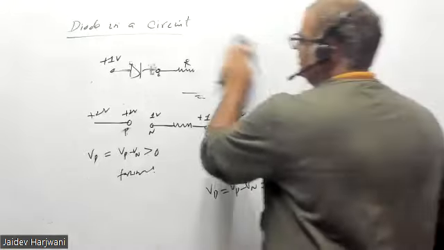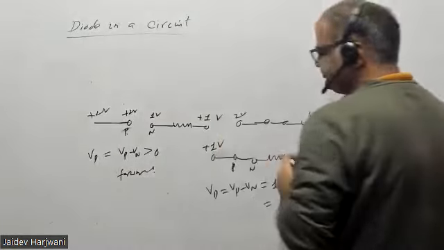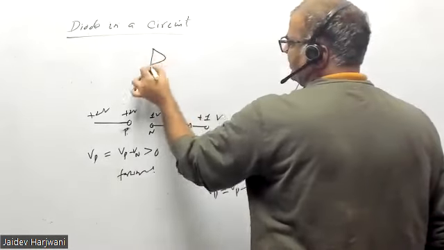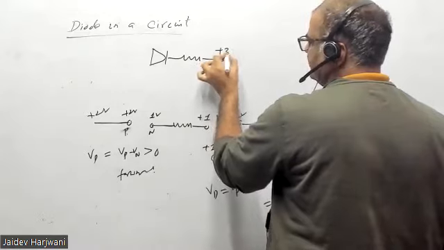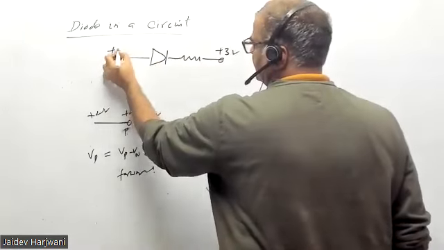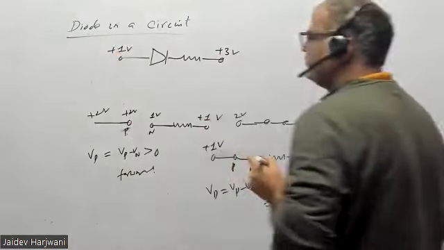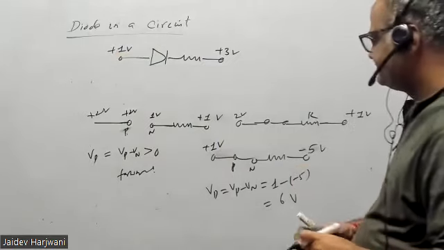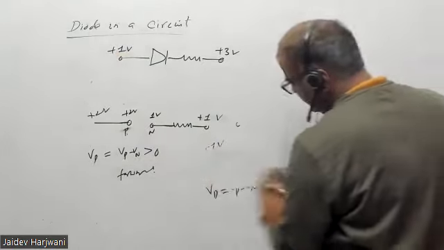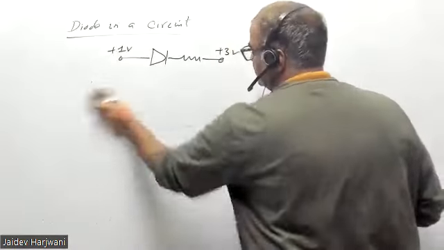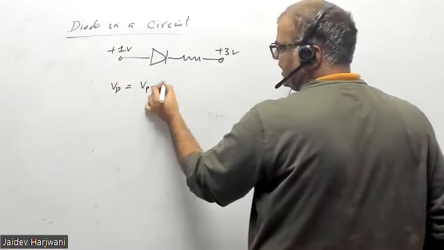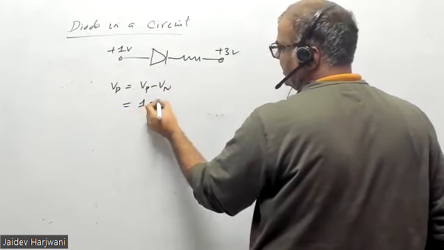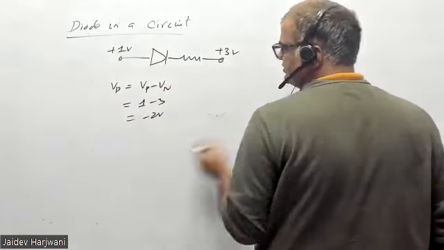Now let me give you one more last thing. Here plus 3 volt, here plus 1 volt. Is the diode forward biased or reverse biased? Reverse biased. This time it is reverse biased, because Vp minus Vn is 1 minus 3, which is minus 2 volts.